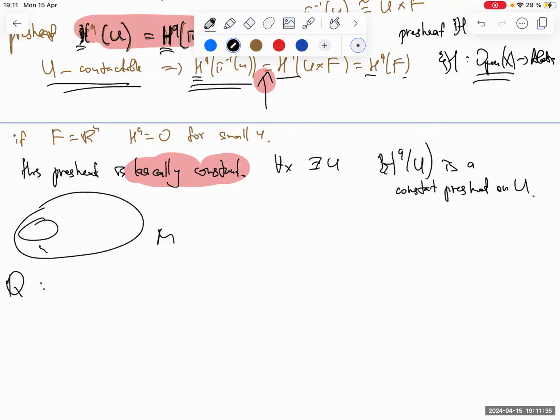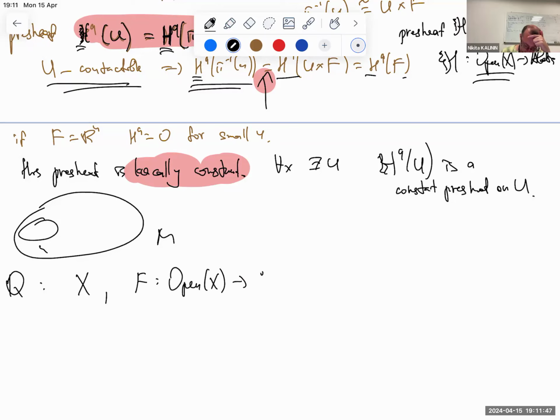So you have a certain X, and you have a pre-sheaf F from open sets to abelian groups, and you say that it's locally constant, and F is a sheaf. So does it imply that F is globally constant?